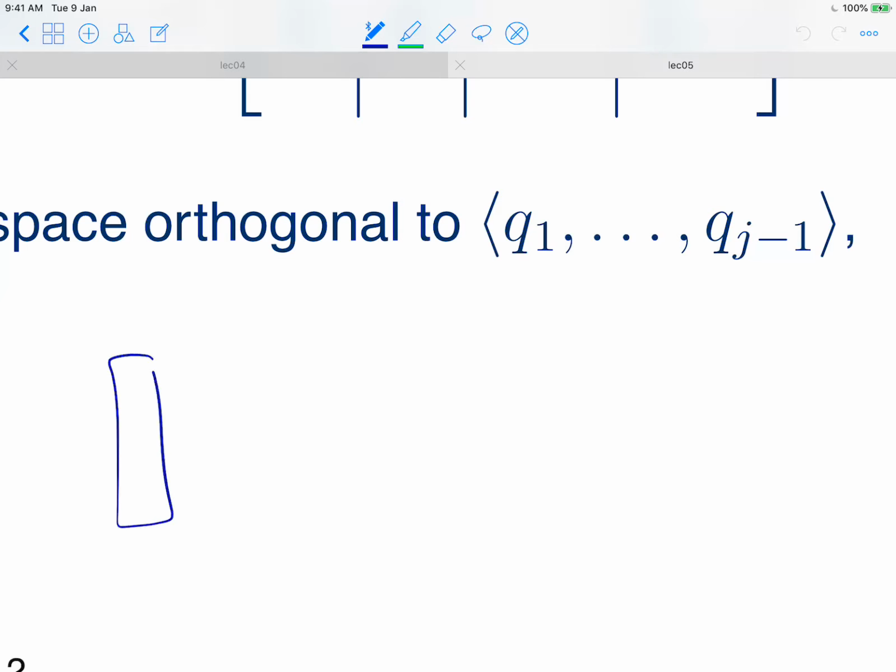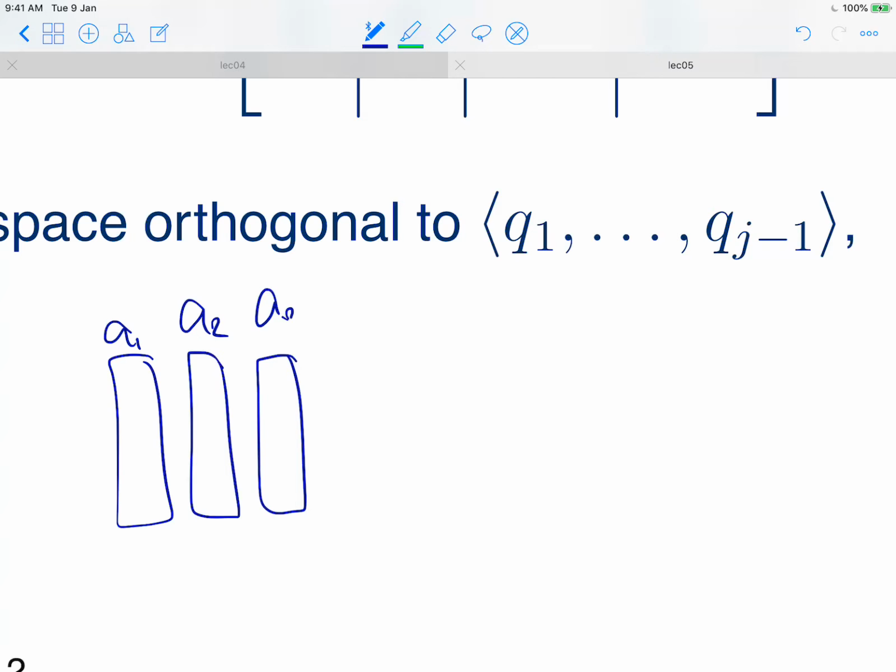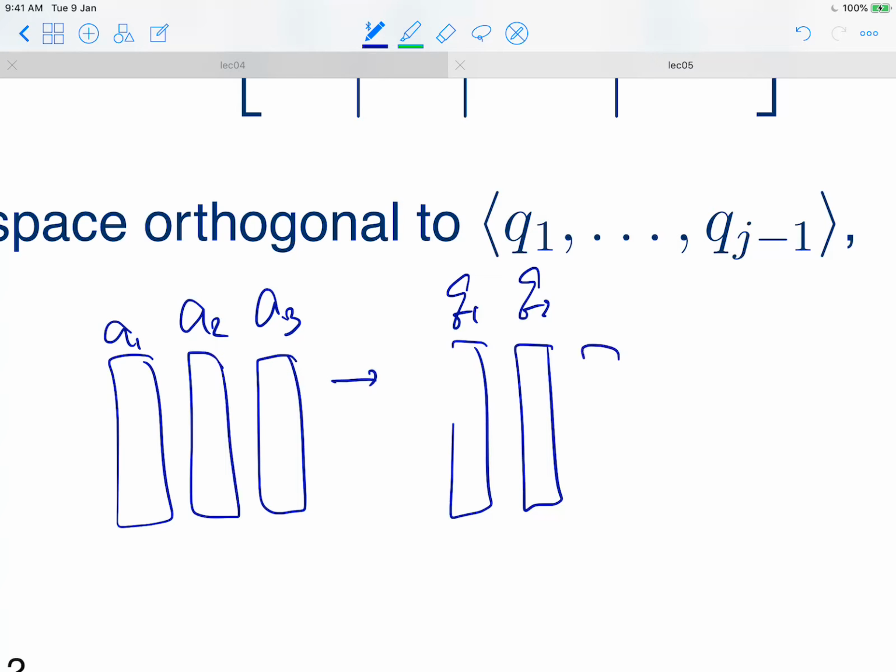Suppose we are given A1, A2 and A3 as a set of 3 columns, and we perform the Gram-Schmidt process to make the first orthogonal to the second and the third. For example, how can we obtain this Q3?